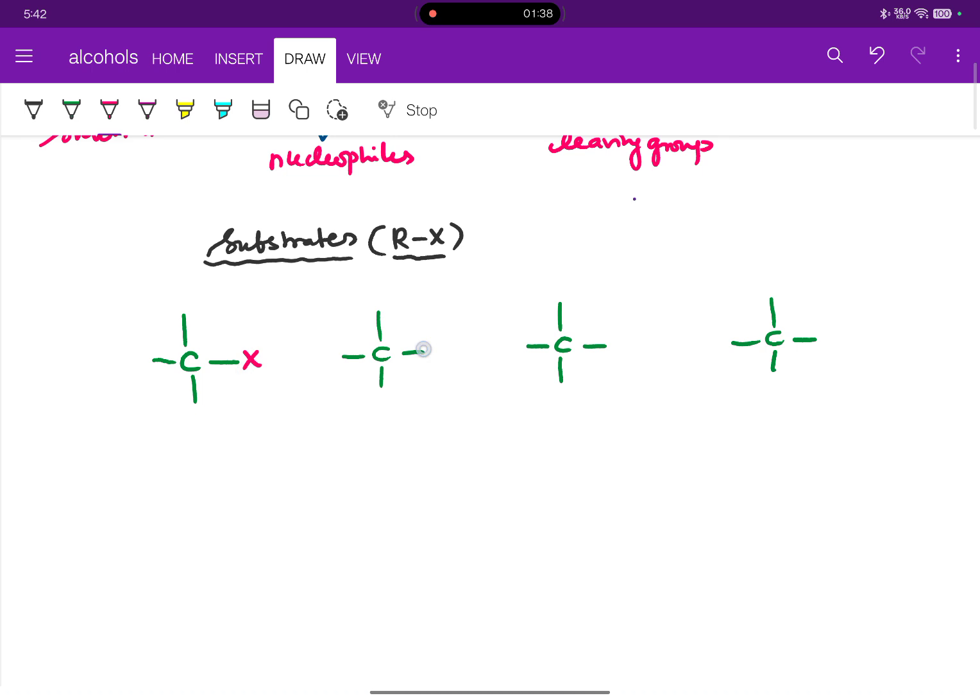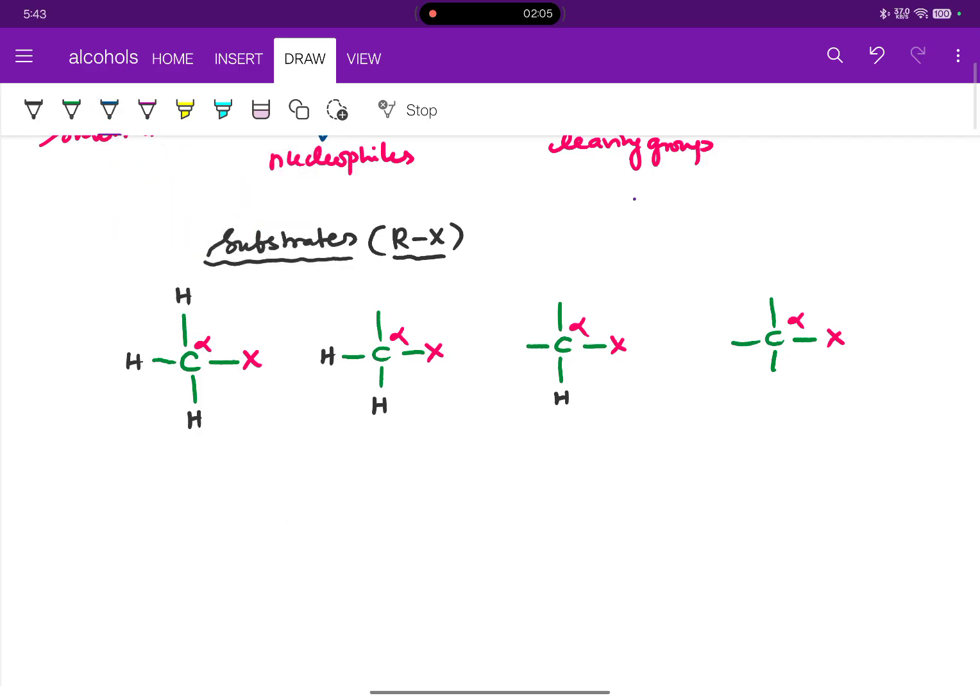The halogen attached carbon is called the alpha carbon. And then what is attached to that carbon is what matters. If all of them are hydrogen, we call it the methyl halide. If only two hydrogens are attached, it is called a primary halide. If only one hydrogen is attached, it's secondary. If there is no hydrogen, it is tertiary.